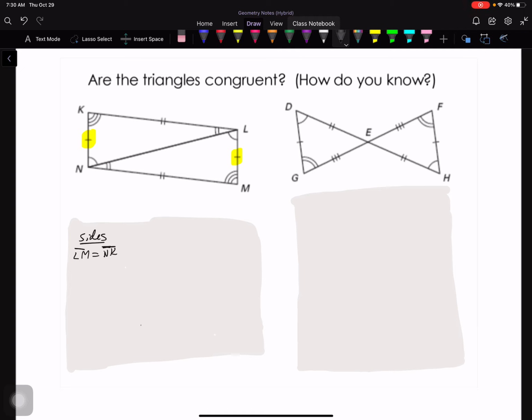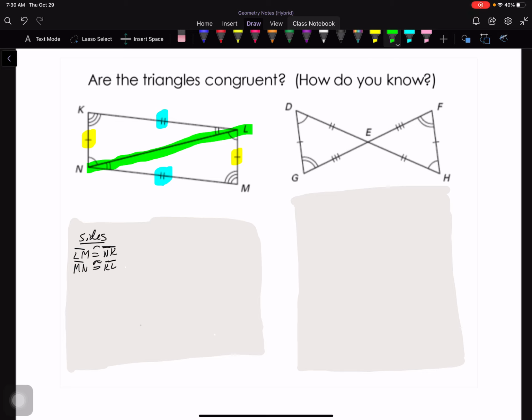I also see two bars here telling me that KL and MN are congruent. Actually, I'll go MN is congruent to KL. Okay, and then I need a third side.